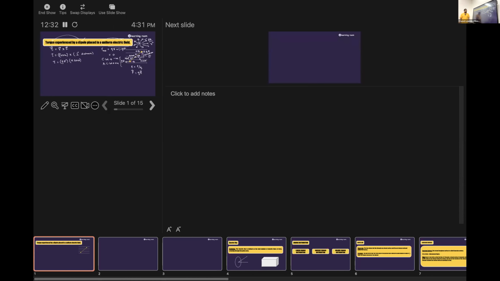Now this torque, I've written it in the scalar form, but we know that torque is a vector quantity. So if I put a vector symbol on top of it, then it's my responsibility to write the direction. Now you tell me, this QE will make the whole system rotate in clockwise direction or anti-clockwise direction.